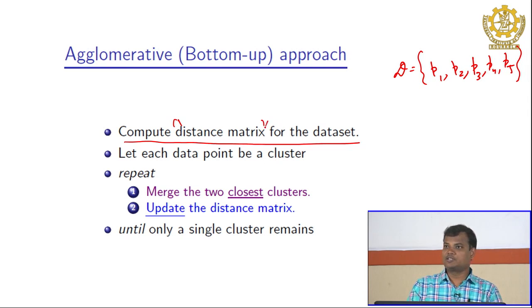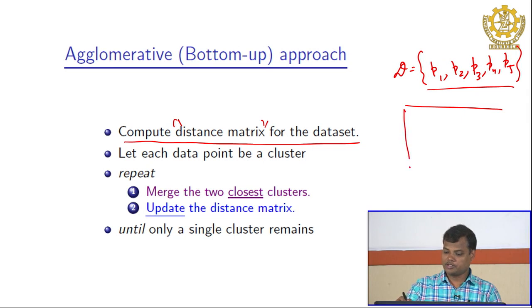The distance matrix is nothing but it represents the distance from one point to all other points. I think I covered this during the class on distance. So, here there are 5 points.